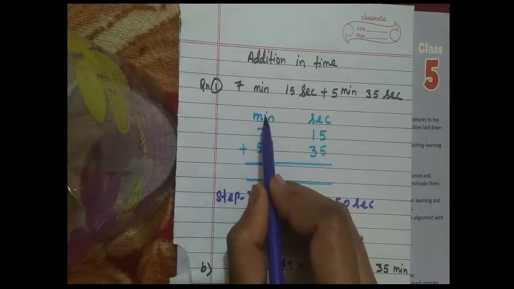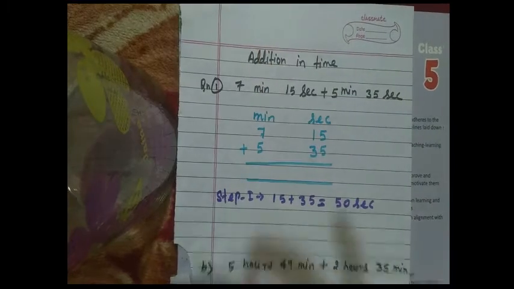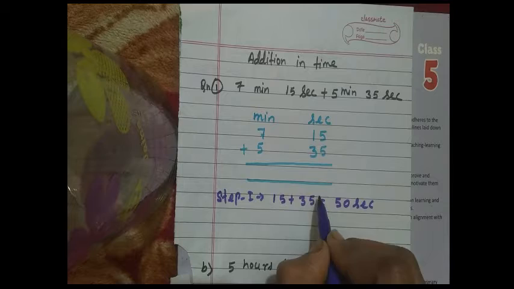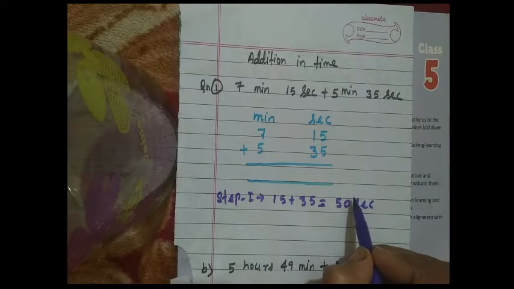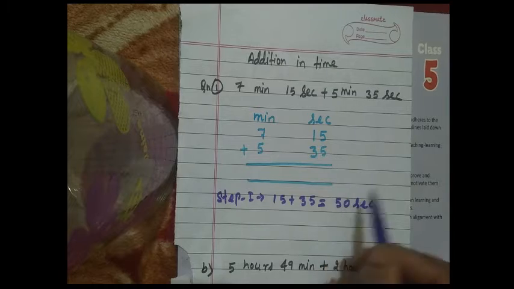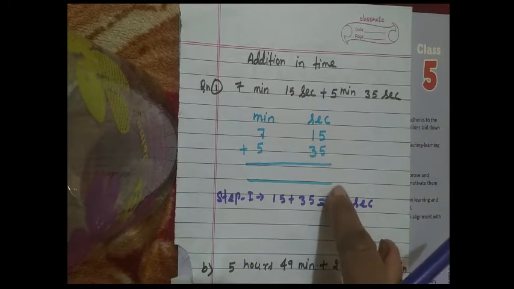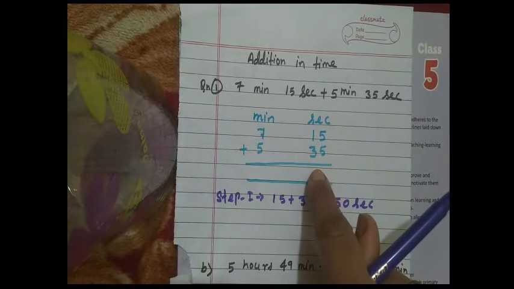How many seconds are there in 1 minute? 60 seconds. But after adding these two values, 15 and 35, we are getting 50 seconds. It is less than 60. So when you get an answer less than 60, you can directly write it here.